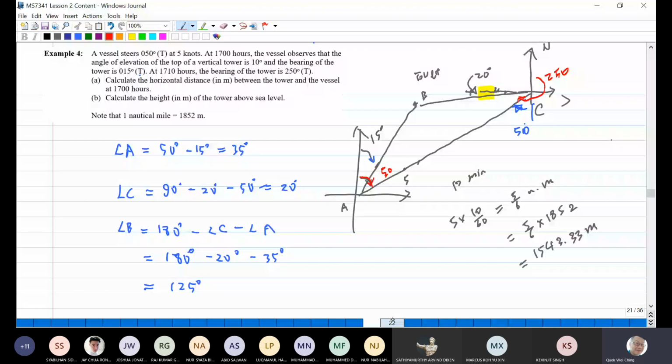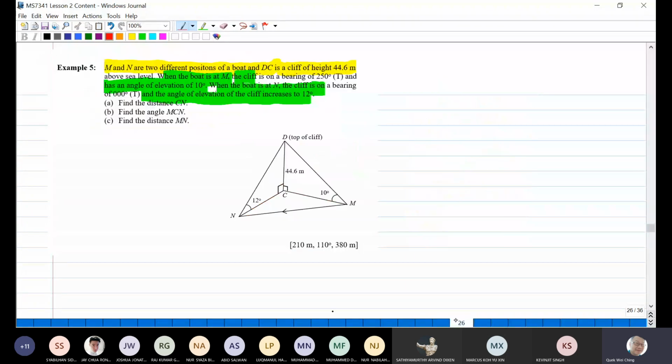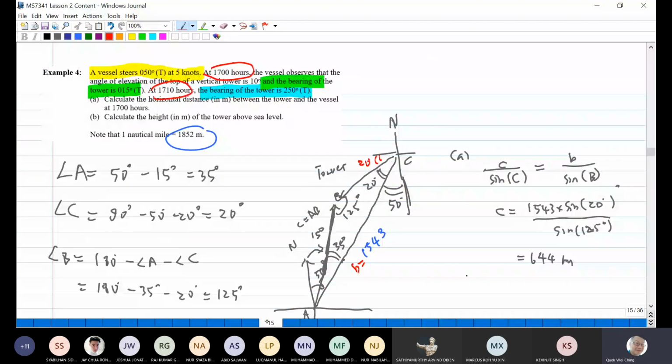Where is that? Okay, let me start from somewhere easier to start with. All right, I'm going to start from this page, okay? I'm going to start over fresh.